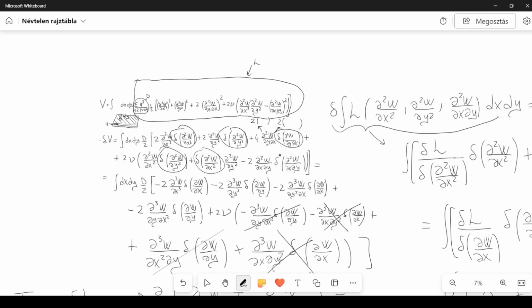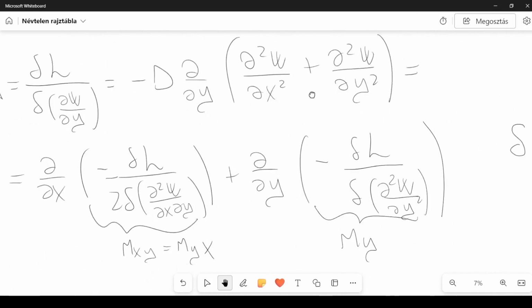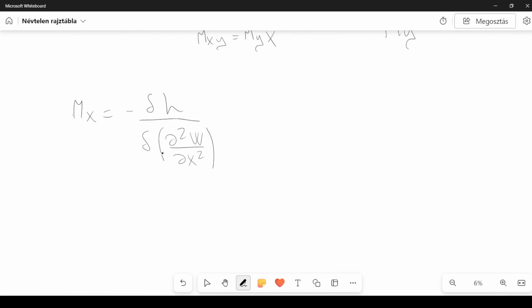You have to consider that the second derivatives are independent of each other. Once you do that, it is straightforward to calculate this derivative. This derivative gives minus d squared w dx squared plus nu d squared w dy squared.